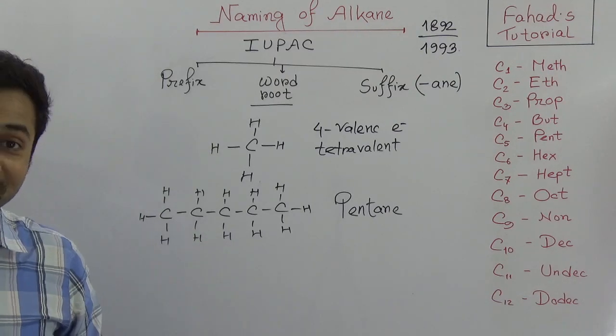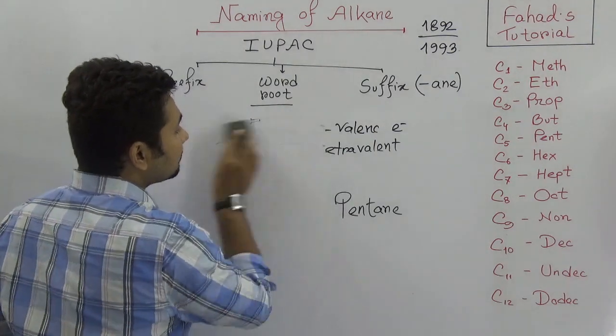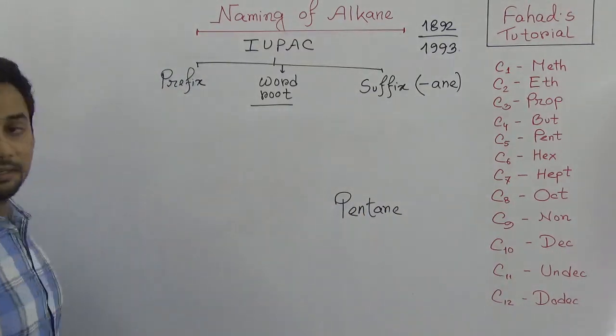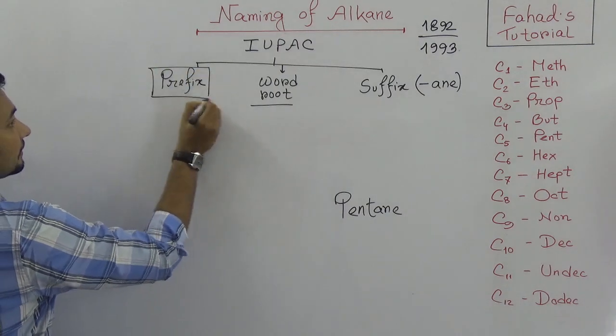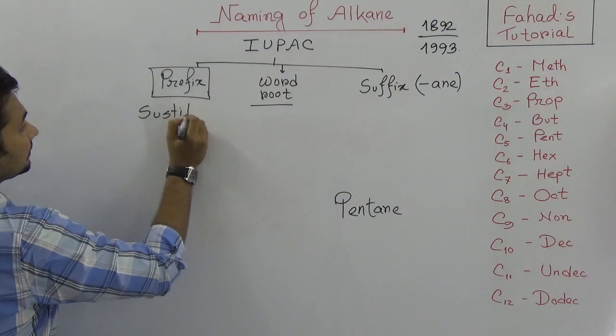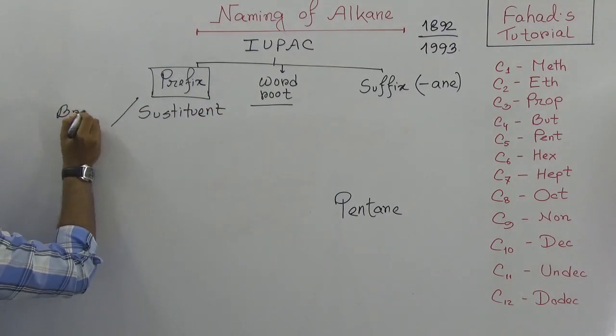And now what more interesting thing is coming on. In case of naming alkane, we must consider one thing, that is substituent, and that is about prefix. You can say this is substituent, or you can say this is branch.